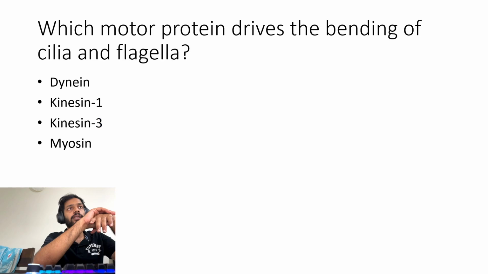Okay. Which motor protein drives the bending of cilia and flagella? Dynein, kinesin 1, kinesin 3, myosin. What do you guys think? So cilia and flagella in prokaryotes have this bending motion.